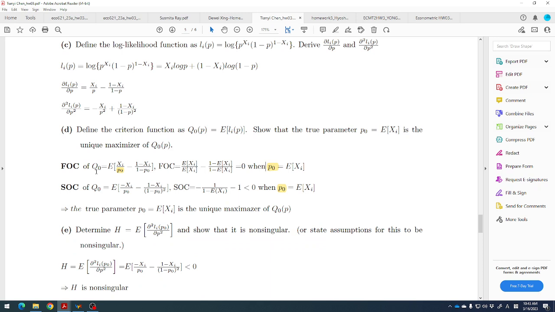And here, first, Q0, the argument is missing, but it's a minor mistake. Again, I believe Q0 is a function of P, but suddenly it becomes P0.